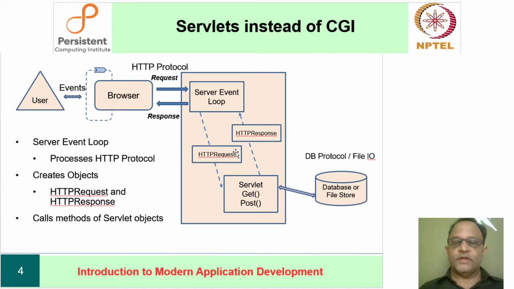This is a Java object this time, and a servlet is another object which offers interfaces for the functions get and post. There is a certain style of writing these interfaces that we will see when we look at the Java code. When a servlet is done, it creates an HTTP response object and sends it to the server event loop.